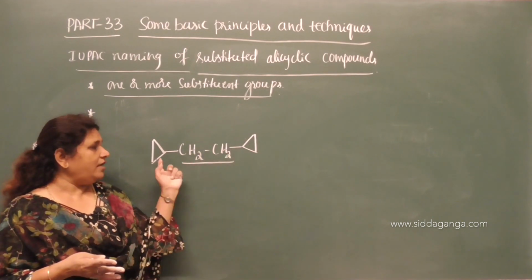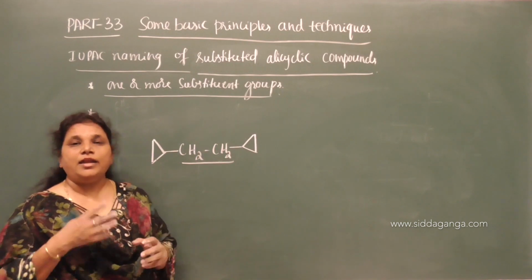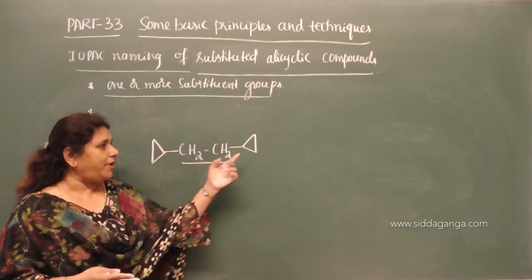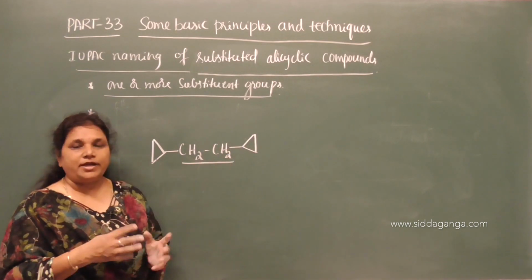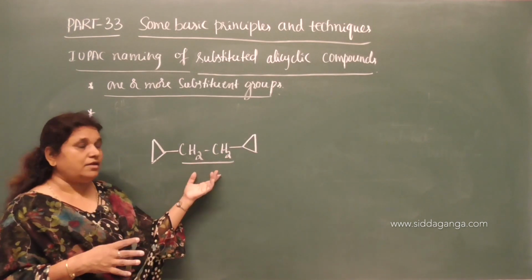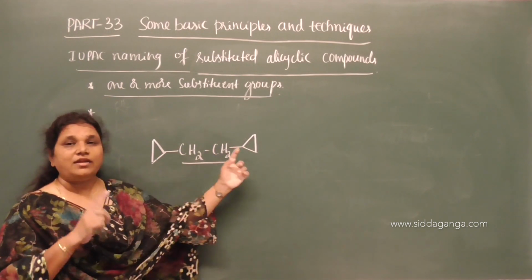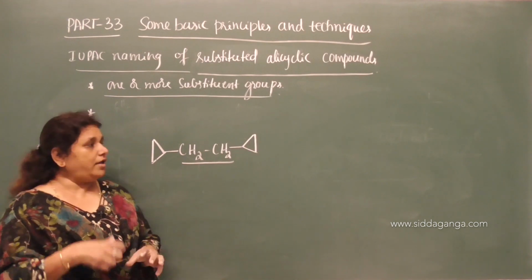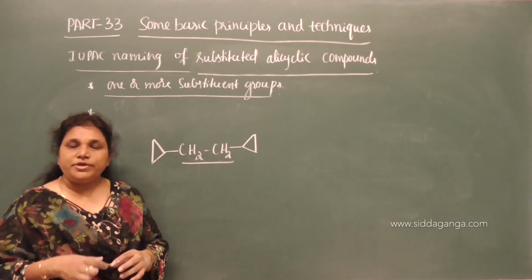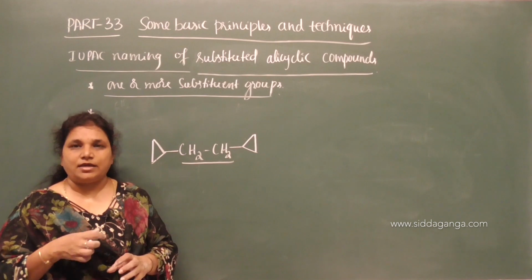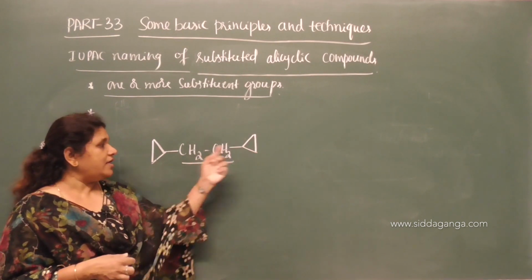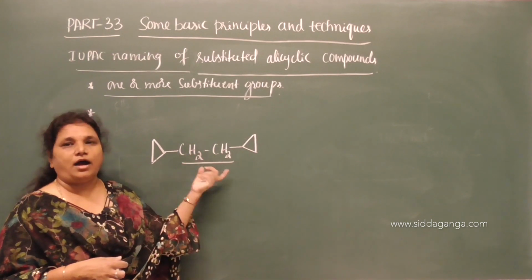So, in the alicyclic rings the number of carbon atoms is higher compared to the alkane. But still, irrespective of the size of the alicyclic rings or the number of carbon atoms in an alicyclic ring, we have to name this compound as alicyclic substituted alkane.